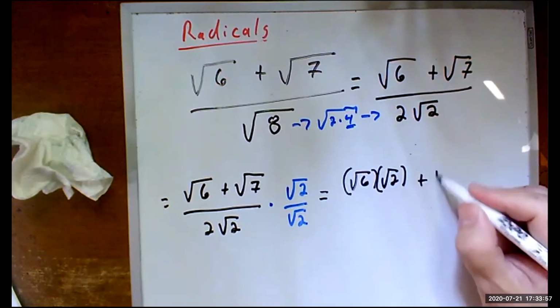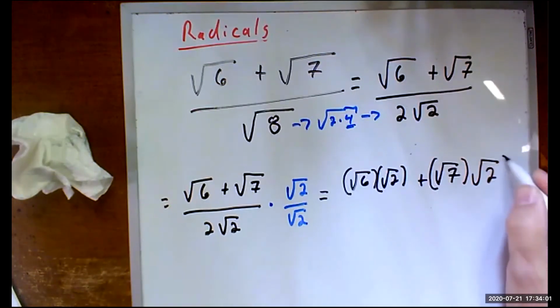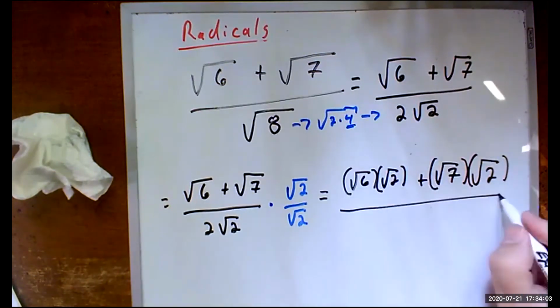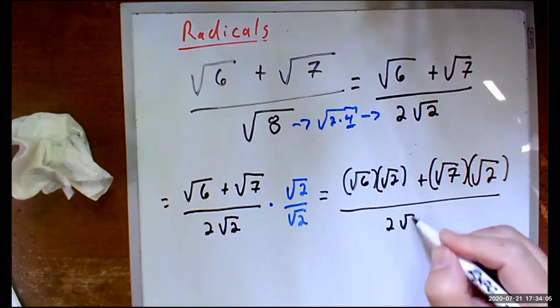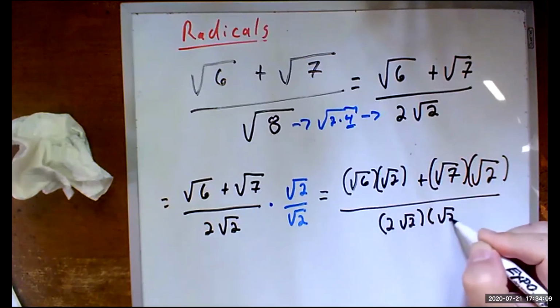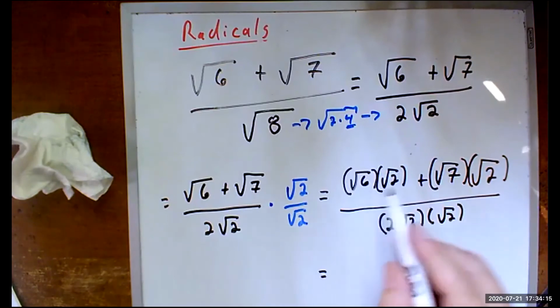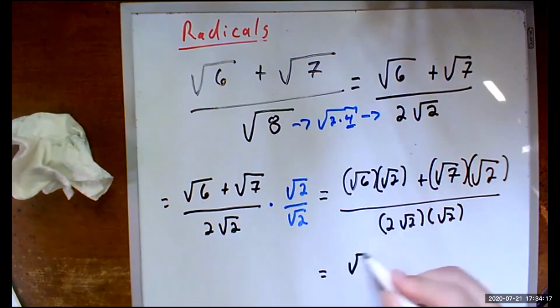And when we do that, I end up with square root of 6 times the square root of 2 plus the square root of 7 times the square root of 2 all over 2 square root 2 times the square root of 2.